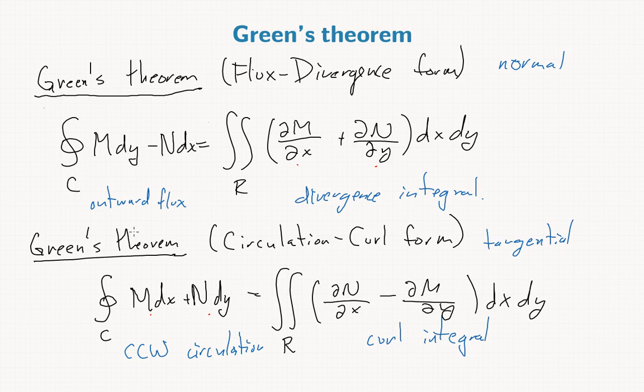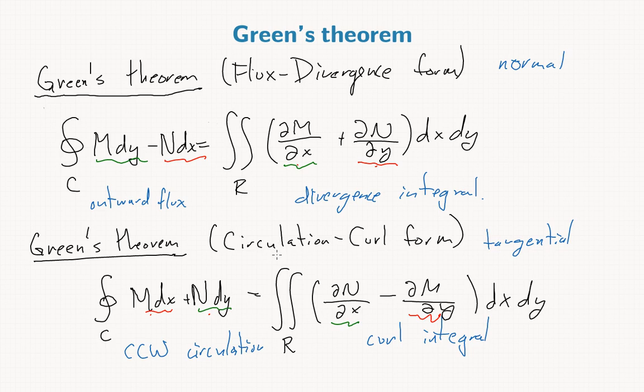Again, these are equivalent. So in both cases, whatever is paired with dx, we'll now take the del by del y of that. So here we have M dx, and we look at del M by del y. We have N dx, now we take del N by del y. And similarly, whatever is paired with dy, now we take del by del x of that.